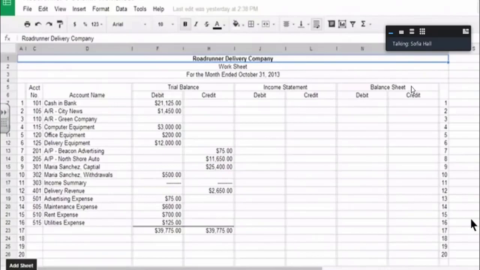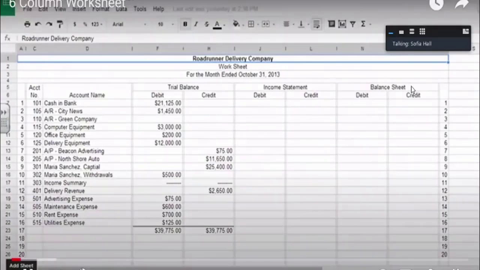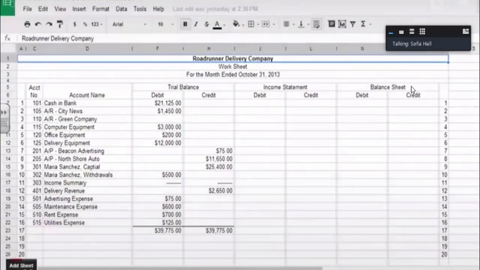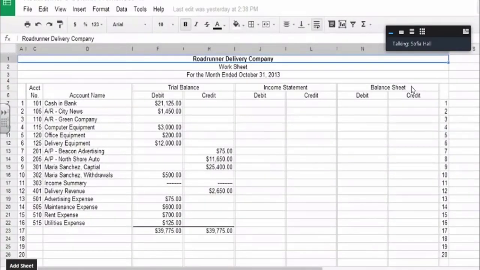So what you see here is an example of a 6-column worksheet, or at least the start of it, for Roadrunner Delivery Company, which is the company that we've been using as an example throughout the first quarter of this course. You'll notice that the trial balance has been added into this worksheet already.